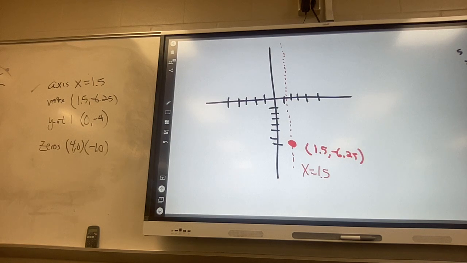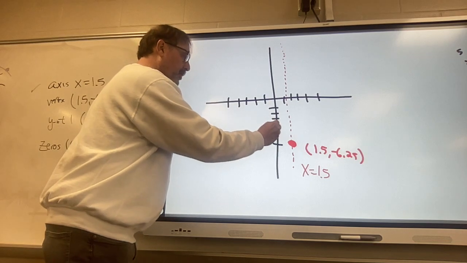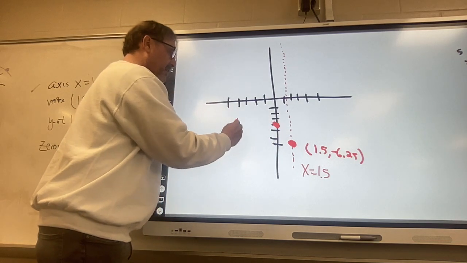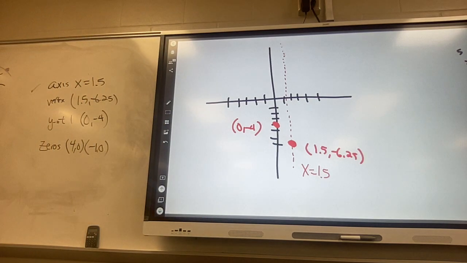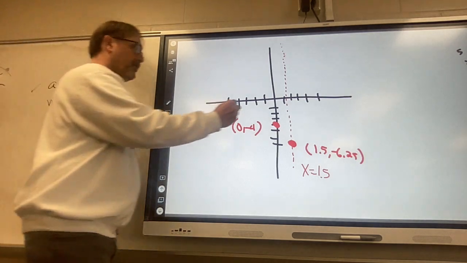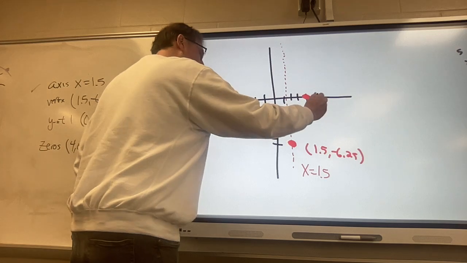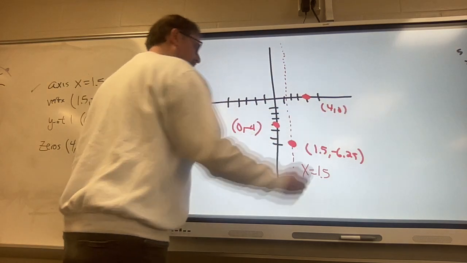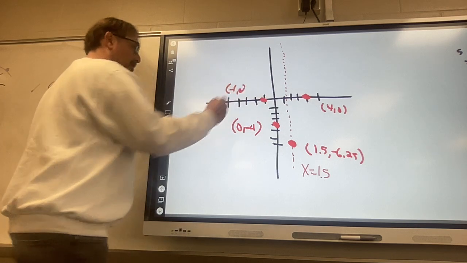The y-intercept is 0, comma, -4, and then we label that 0, comma, -4. And our zeros are 4, comma, 0. I don't really often need you to write 4, comma, 0. You sure can, because this one is very easy, and the other one is -1, comma, 0.